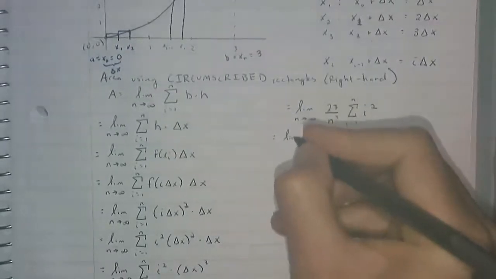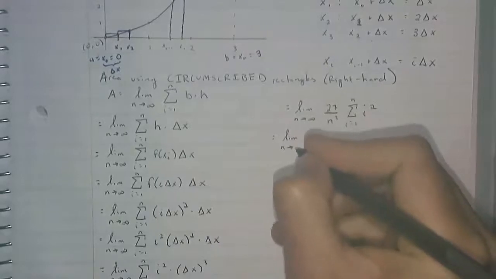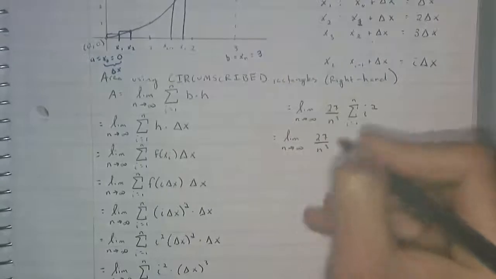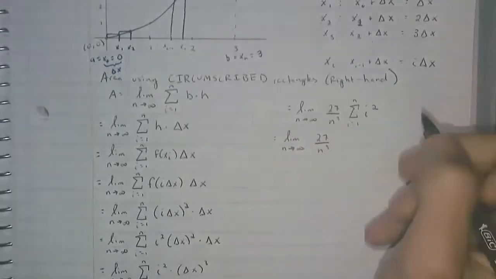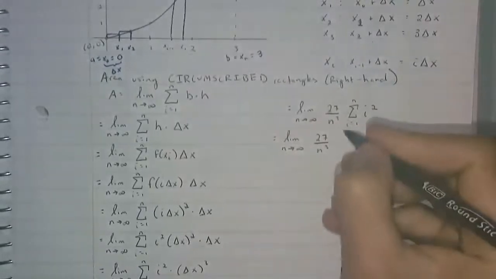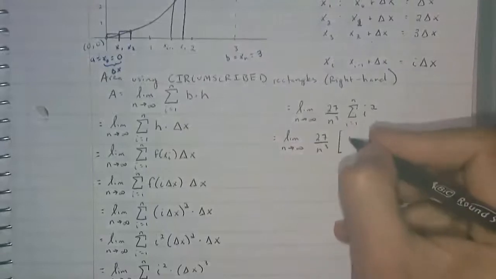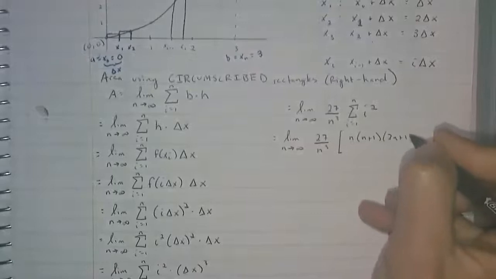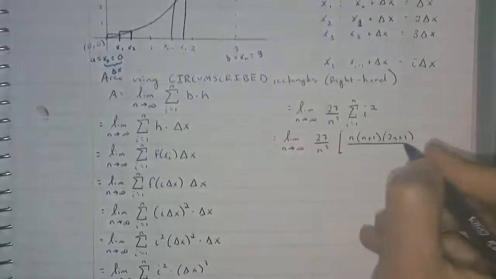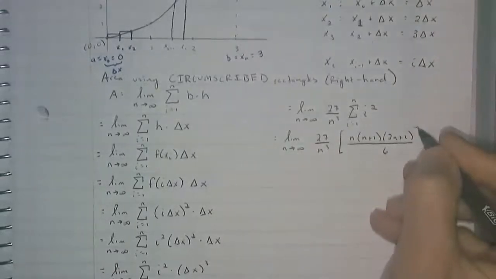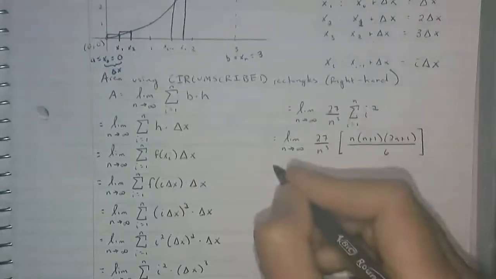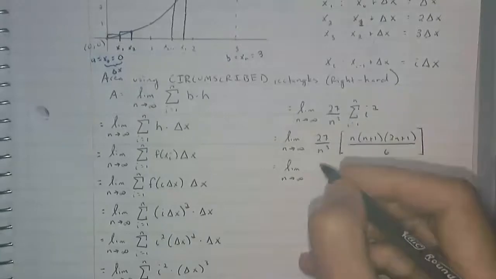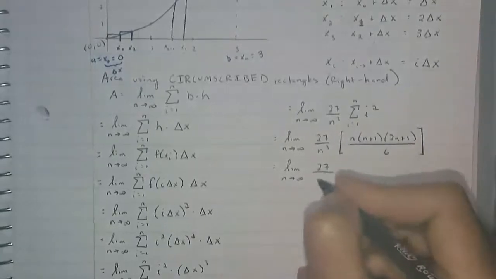So we get the limit as n approaches infinity of 27 over n cubed. This turns into n times n plus 1 times 2n plus 1 divided by 6. So this is the limit as n approaches infinity, 27.